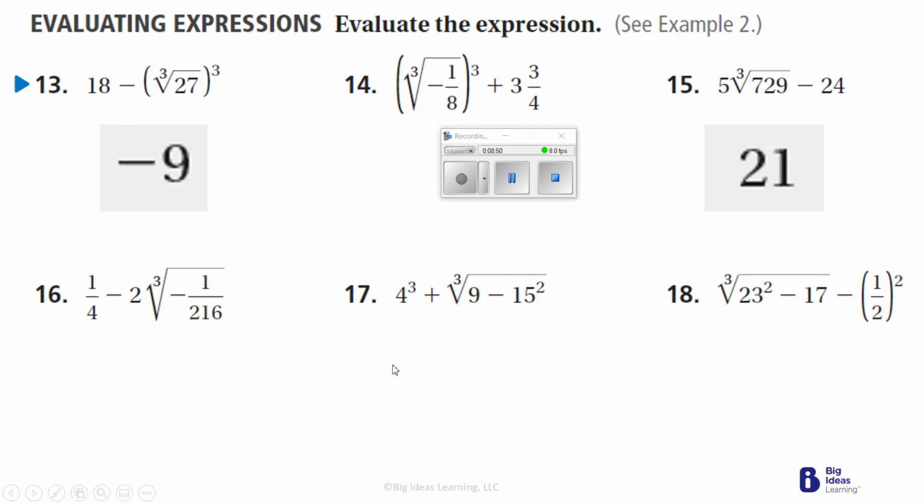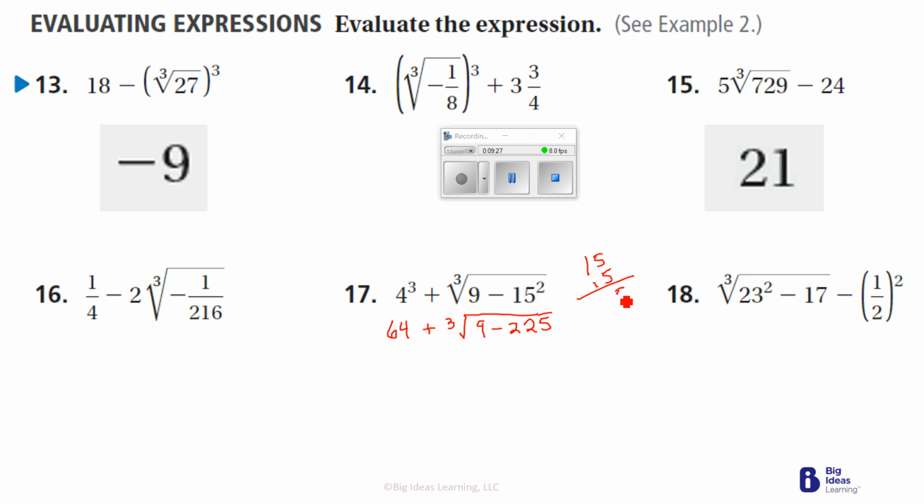All right, number 17 looks to be a little bit more challenging. We've got the cube root here, and then we're squaring something here. So I know 4 to the 3rd power is 64. I'm adding this to, well, let's start here, the cube root of, we always do what's inside of here first. 9 minus 15 to the 2nd power is 225. And for verification, take 15 times 15.